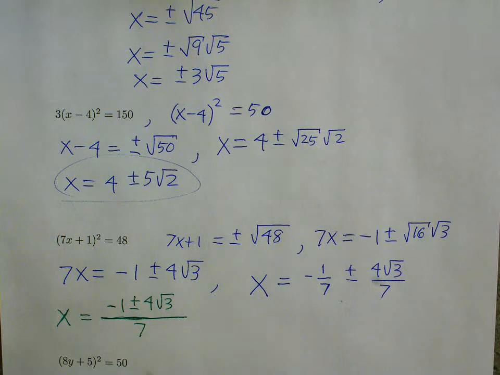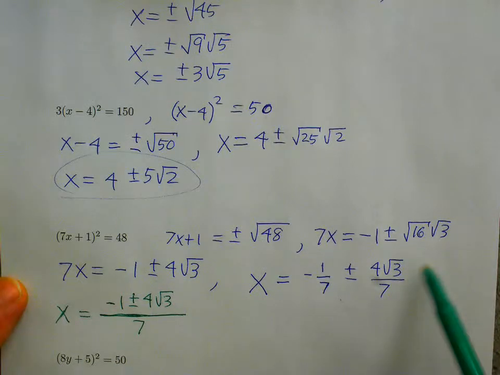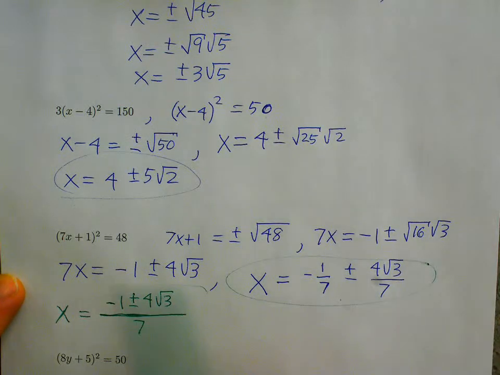So make sure you get into the habit of writing a complete division bar. If you only write a division bar that's below the 4 times the square root of 3, but not the negative 1, then that's not a correct way to write it. So either of these is okay.